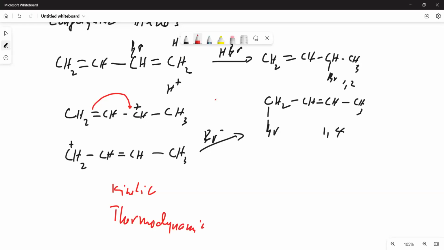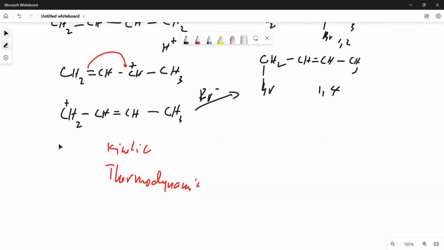Okay, so let's continue. Most reactions, class, if the product is thermodynamically stable, we also expect that product to form at a faster rate, no?